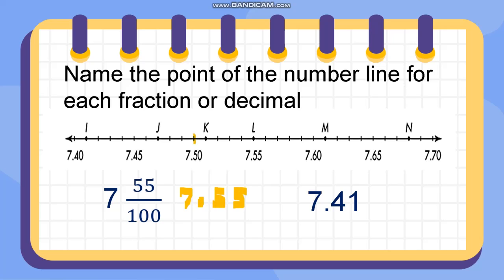This is your 7.50, 51, 52, 53, 54, 55. So this is 7.55, and that is letter L. Next, 7.41 or 7 and 41 hundredths. So this is 7.40, followed by 7.41, and that is letter I.